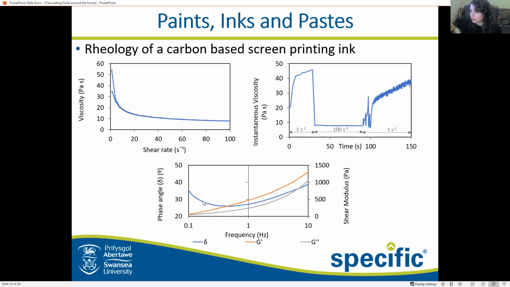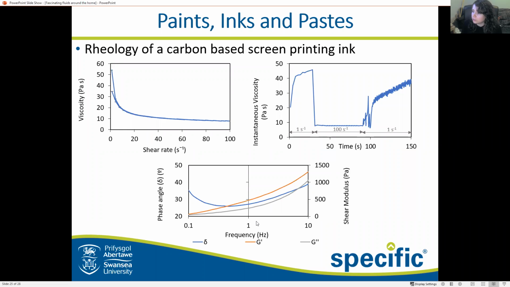And as I increase that rate, you see a change in this phase angle, which I mentioned earlier, where 0 is a solid and 100 is pure liquid. And this changes with the frequency from around 35 down to around 25 and back up to around 40 as it changes its response. So it's not just a case of I go quicker, it becomes more elastic, or I go slower, it becomes more elastic. It's actually something that will change gradually and over a range of different rates.